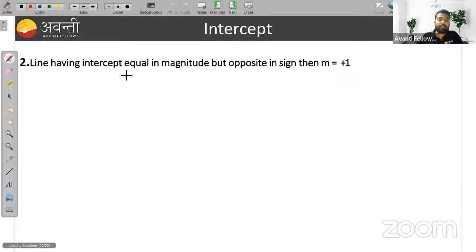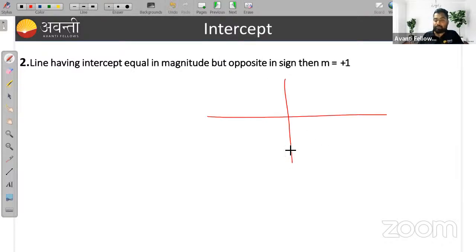Is that clear? Similarly, a line having intercepts equal in magnitude but opposite in sign. That means in this case, here you have magnitude 1, but the sign is opposite. Here you are getting positive sign, here you are getting negative sign, and theta becomes 45 degrees, and here the slope of this line is +1.